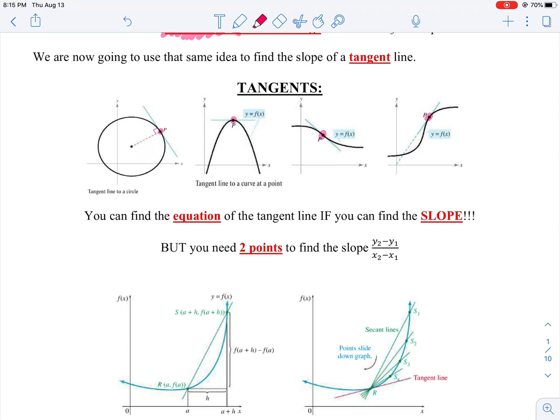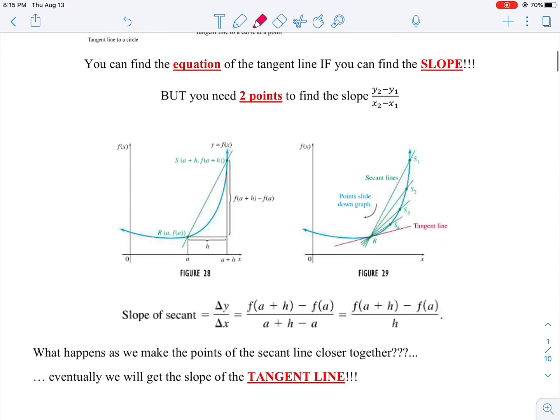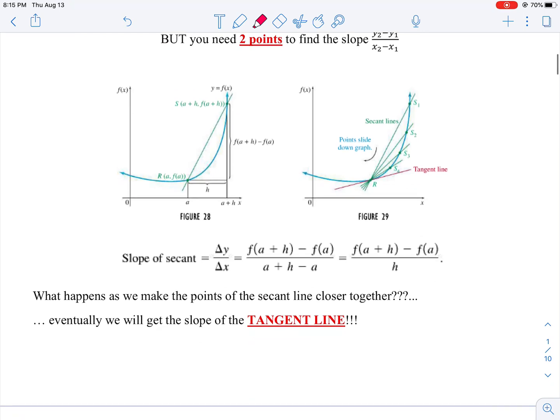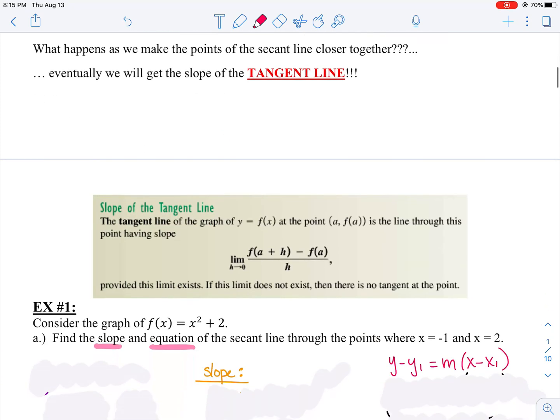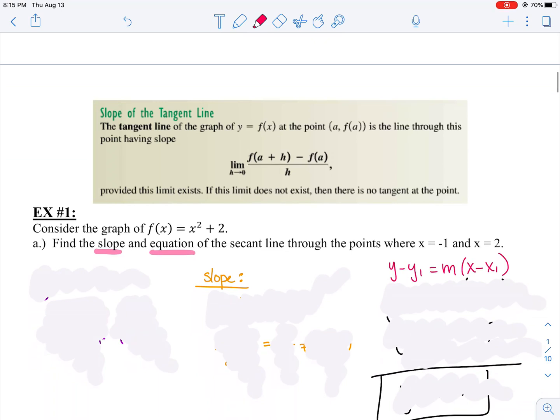Normally though, we need 2 points to find the slope. But if we take those 2 points and move them so close together that h is 0, what we're really doing is finding the slope of the tangent line. So this formula not only works for instantaneous rate of change, but it also helps us find the slope of the tangent line. So this formula is very useful.